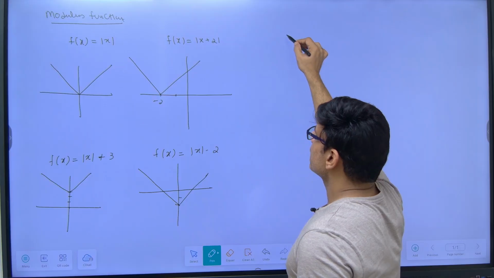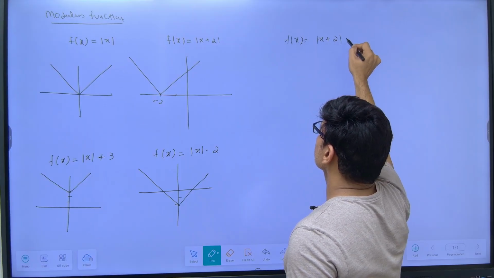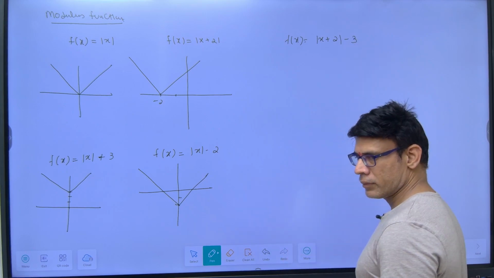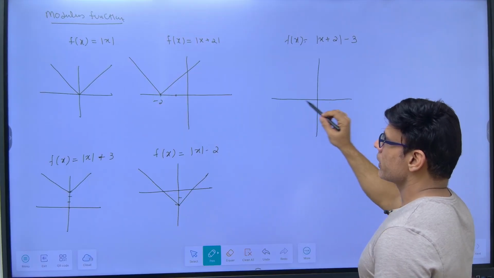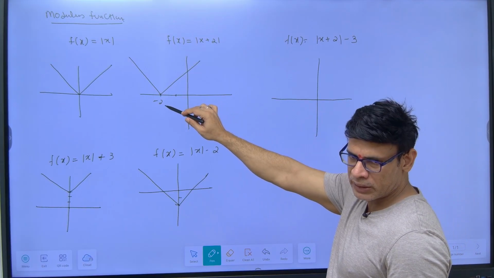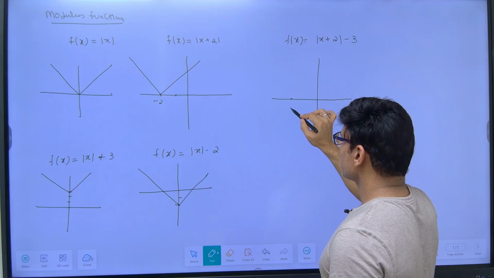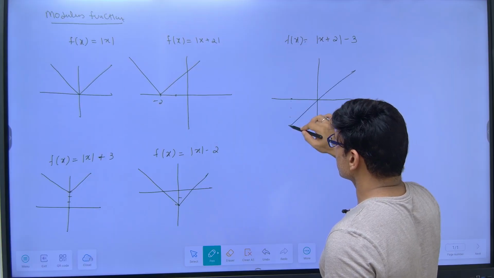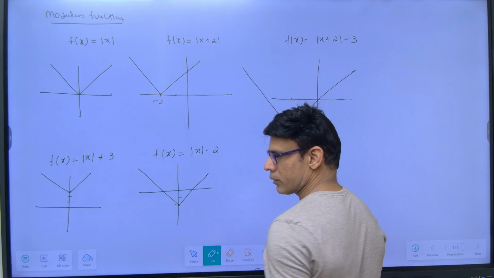In this case, if I say f of x is equal to modulus of x plus 2 minus 3, right? First of all, you should know modulus of x plus 2, that is the graph, minus 3, that means from this point, you bring down 1, 2, 3, and then you draw the graph. Basically, you have to bring this down by 3.